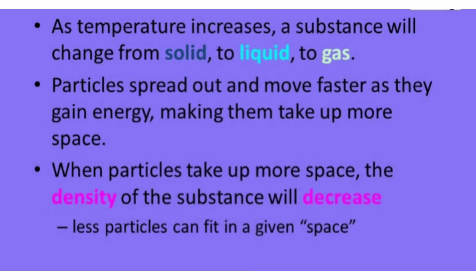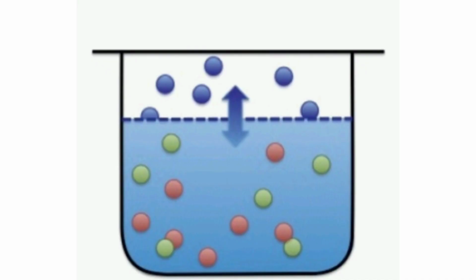In liquids and gases, the molecules are loosely packed. On heating, molecules spread out and move faster, making them take up more space. When the particles take up more space, the density of the substance will decrease.